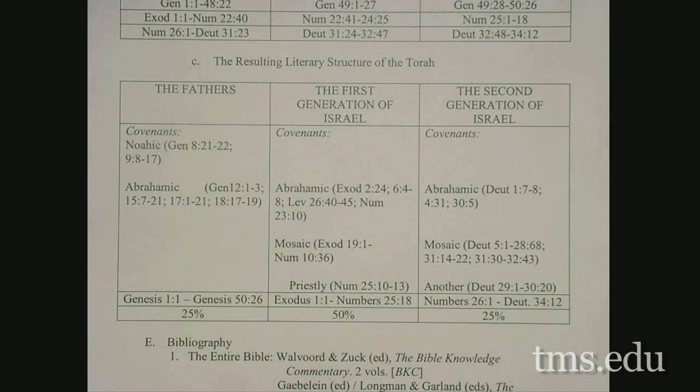Right, and so in Genesis, we might put it this way, we have the introduction to the nation of Israel. Israel, you are associated with Adam, you're associated with Noah, you're associated with Abraham, you're associated with Israel.